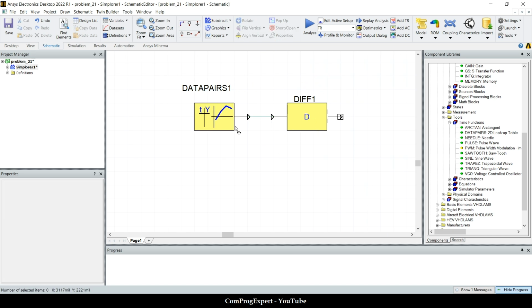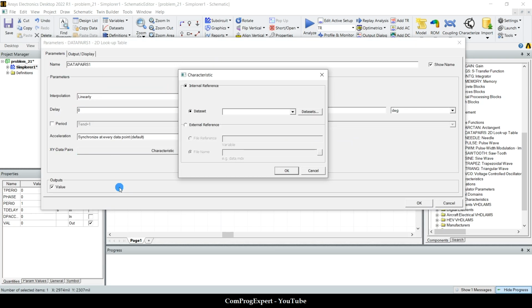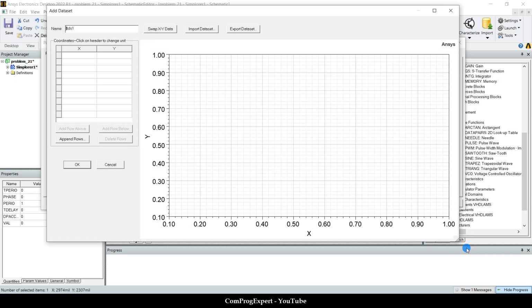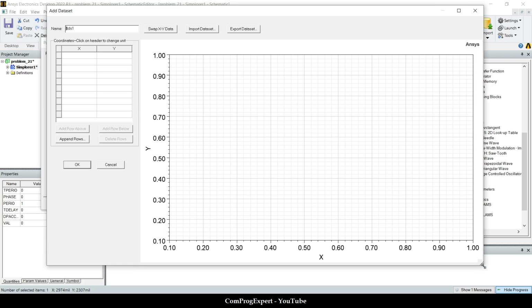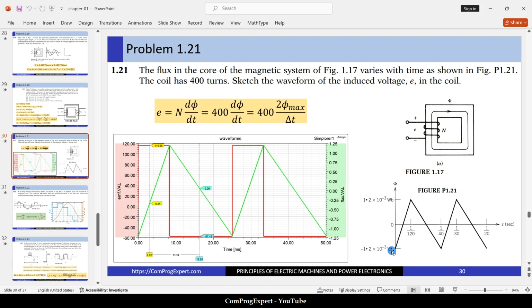So here the name is data pairs, xy data. Let's define a new database, add, to generate the graph. Here you can pass the numbers.